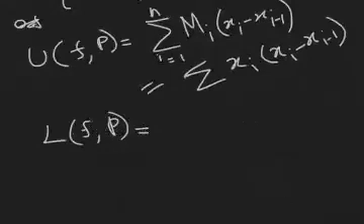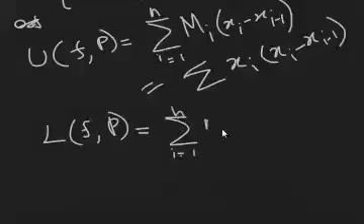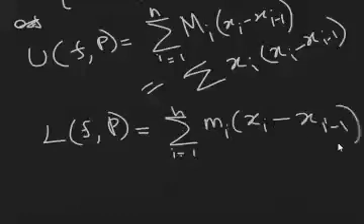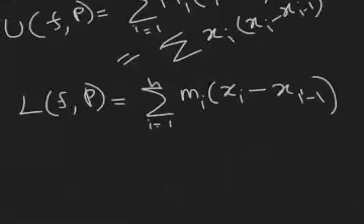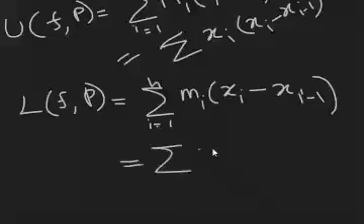That's why it is very important. i goes from 1 to n, small m sub i, which is x_{i-1}, times (x_i minus x_{i-1}).